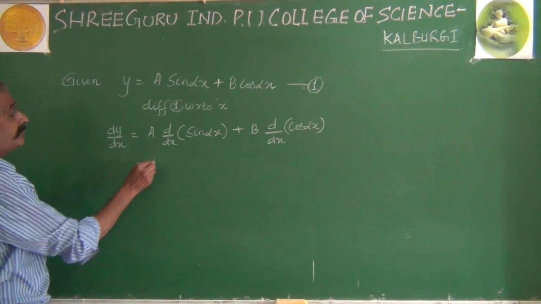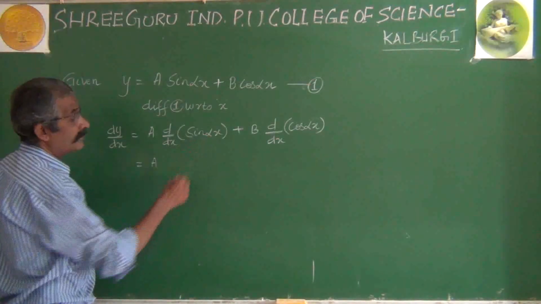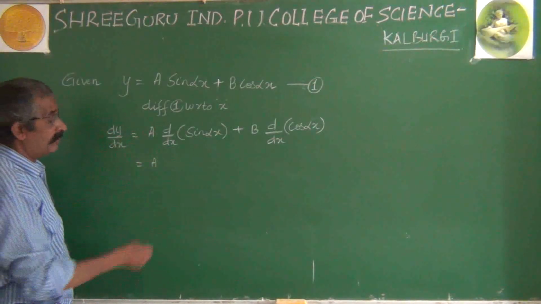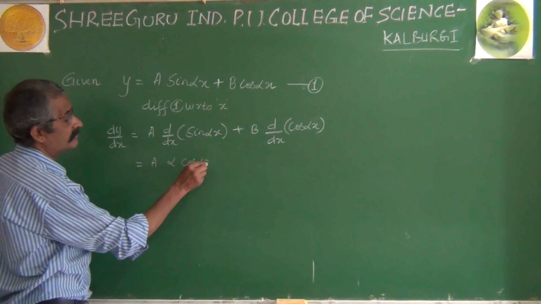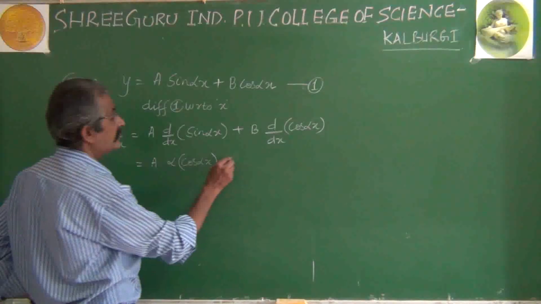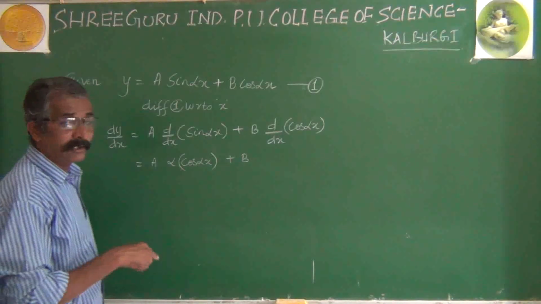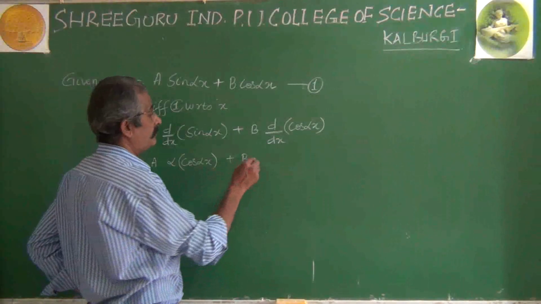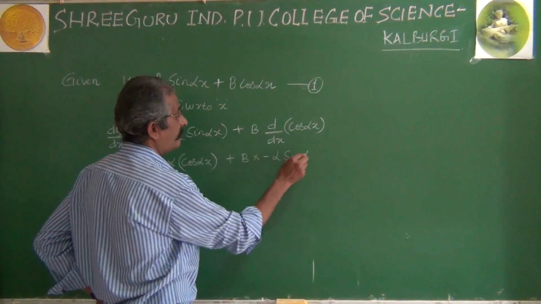That equals a into the derivative of sin alpha x, which is cos alpha x into alpha, the total being a alpha cos alpha x. Similarly, the differentiation of cos alpha x is minus sin alpha x into alpha, that means b into minus alpha sin alpha x.